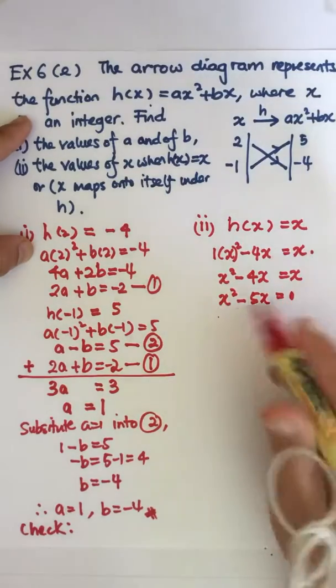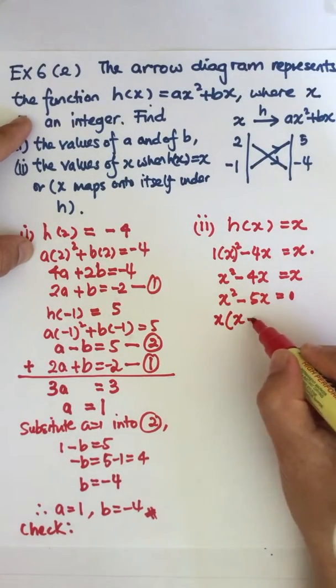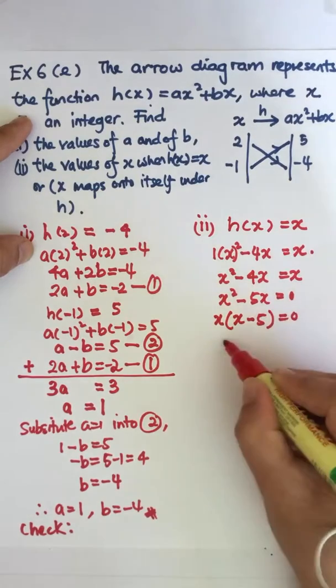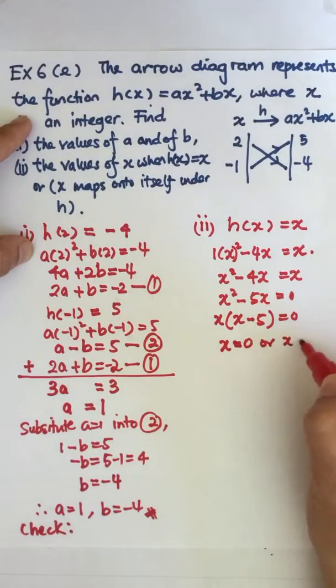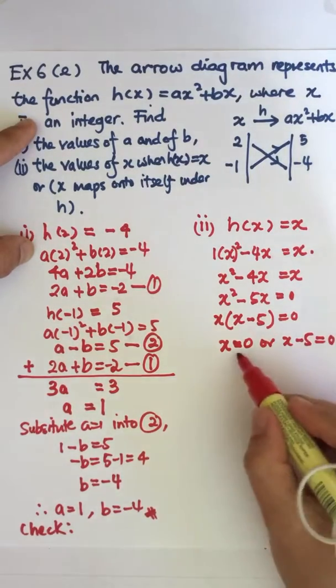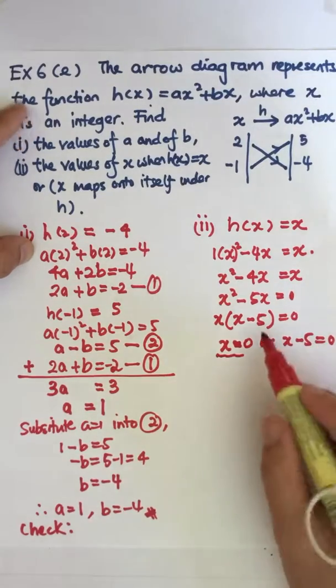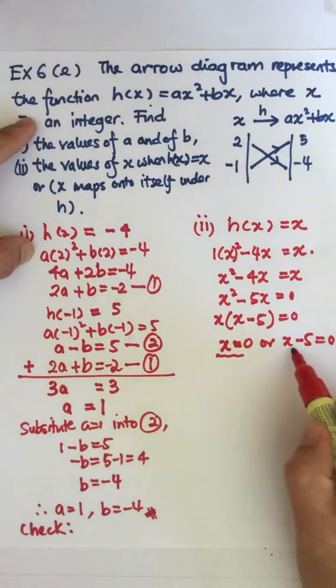We factorize it, we have x(x - 5) = 0. So our answer will be x = 0 or x - 5 = 0. So x = 0, of course, you cannot solve anymore. Therefore x = 0, and x - 5 = 0 gives x = 5.